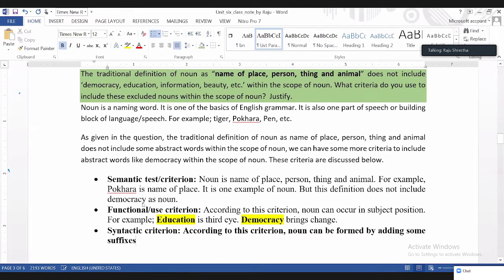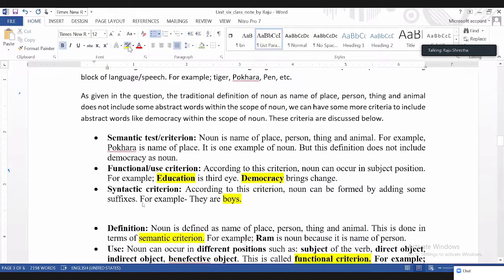For example, they are boys: 'boys' has -s added, which shows it is plural. So this kind of criteria we can use to justify.